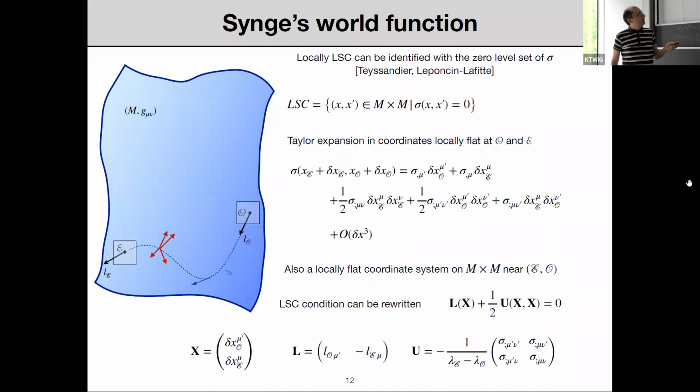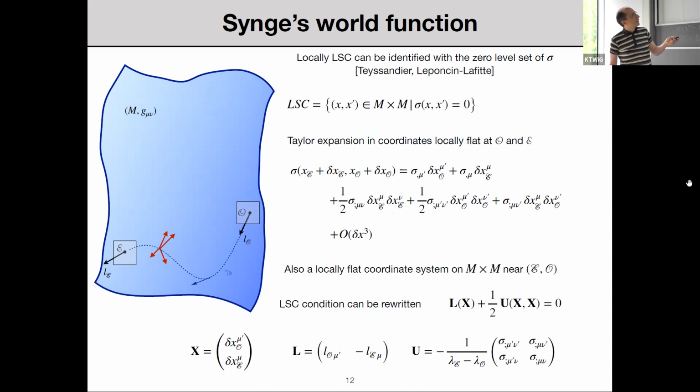Okay, and now comes the original part. So my idea was to expand the Synge's world function up to the second order near the points O and E connected by a null geodesic. And I do it in a coordinate system which is locally flat around E and around O. And in that case, you get simply, there is no 0 order term because sigma EO vanishes.